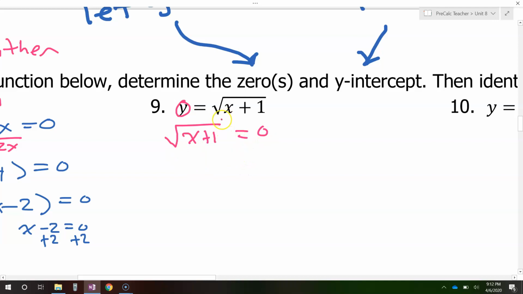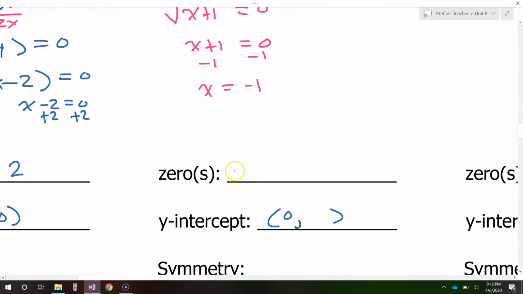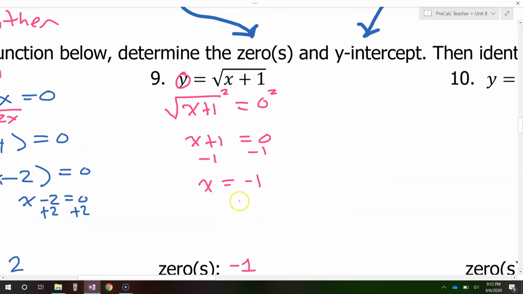How do I solve this? I would square both sides, which gives me x plus 1 equals 0. Then I subtract 1 from both sides, and I have x equals -1. So that is a zero. That's the only one.